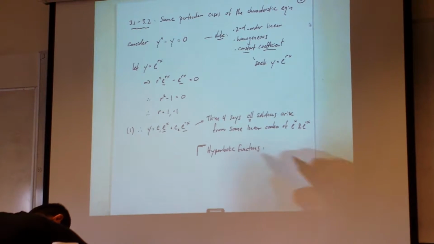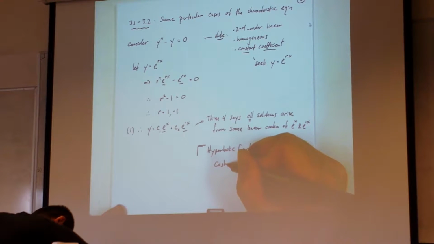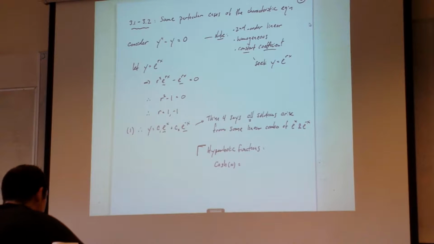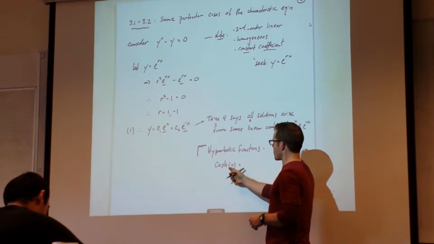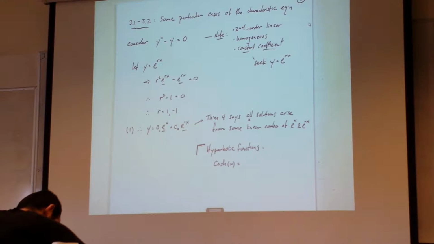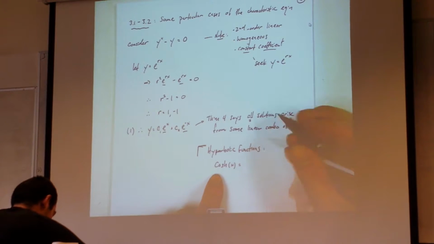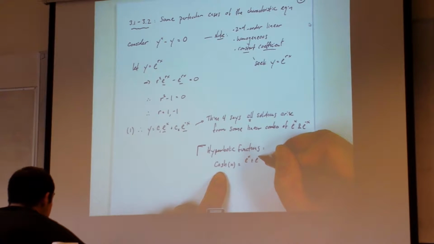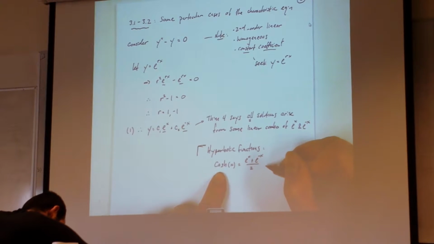Hyperbolic cosine, and I heard that people pronounce that as cosh. Hyperbolic cosine is e to the x plus e to the negative x over 2.